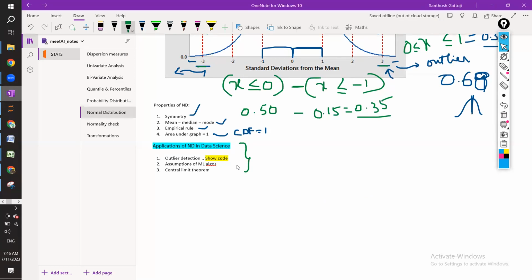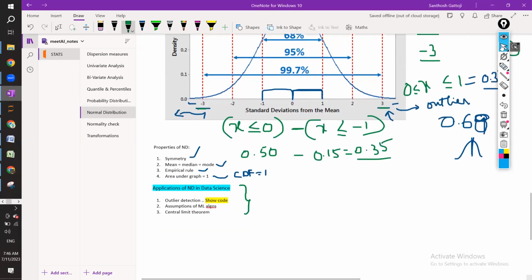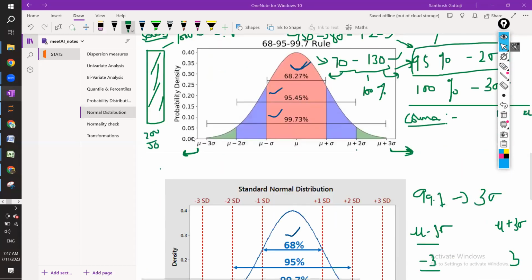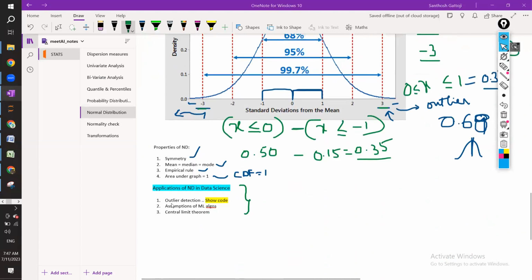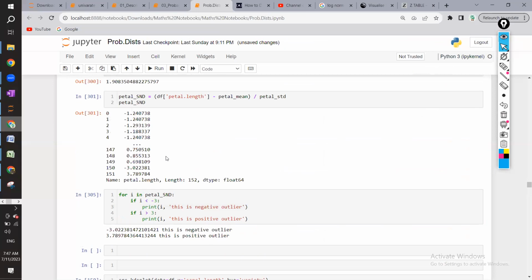With this, I hope at least from my end, I covered all that is required for normal distribution, and I hope that you guys also understood most of the concepts. So try to revise it. Sorry, just let me check, did I miss anything? Okay, empirical is covered. Outlier detection also, I have shown you an example.